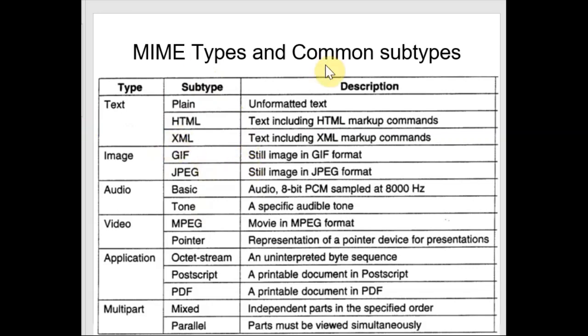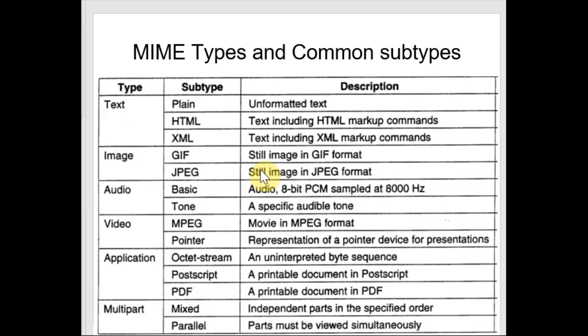So basically, the application type indicates that the document contains data that are related to a specific application.